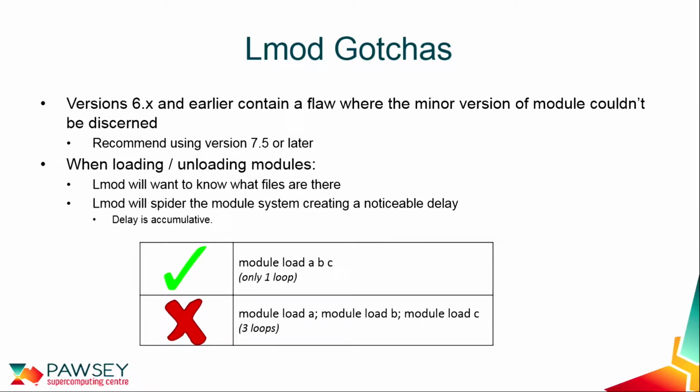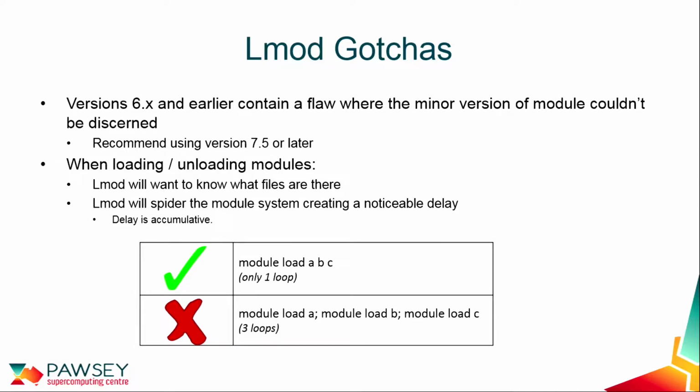The other thing Lmod does is that when you load a module, it doesn't just append paths. It actually has to look into the directory to see what's in there, so it can see libraries and so on. So it is computationally a bit more expensive when you load a module. It's advisable to do module load A B C instead of module load A, module load B, module load C. If you do module load A B C, it's one iteration, because it has to iterate through the modules and do the weighting, so it can do it in one loop.